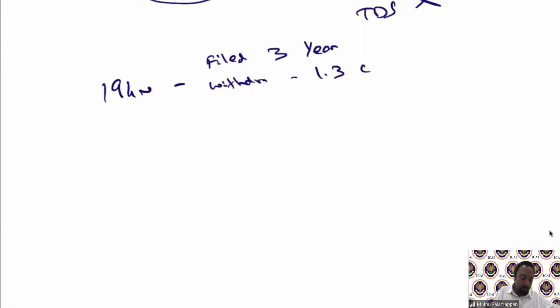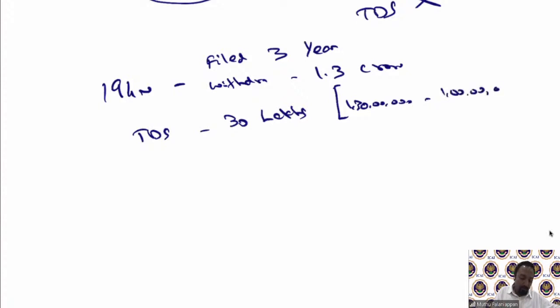So to just repeat, for 194N, if a person has filed for 3 years and withdraws 1.3 crores, TDS is on 30 lakhs. That is 1 crore 30 lakhs minus 1 crore. So only on that TDS is applicable.